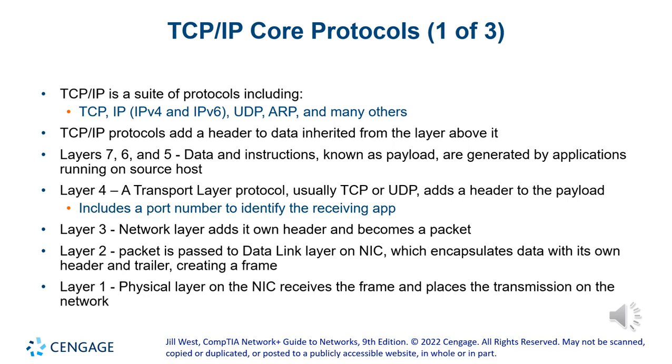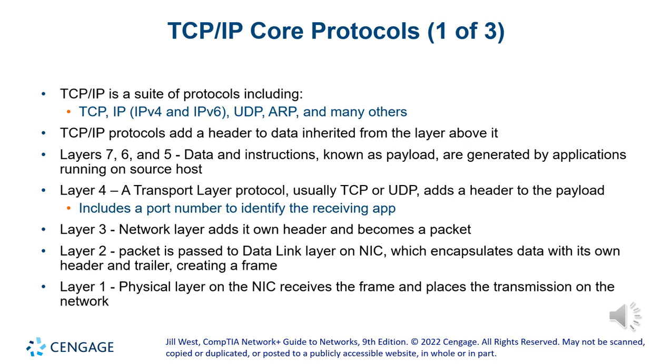And then layers 5, 6, and 7 are the ones where the data comes in with your payload, either to send information to someone, or when you receive information, that's where the payload comes. So all of this is basically controlled by your TCP/IP protocols, which have all the information in the headers. Each header has information on what is encapsulated in there, right?